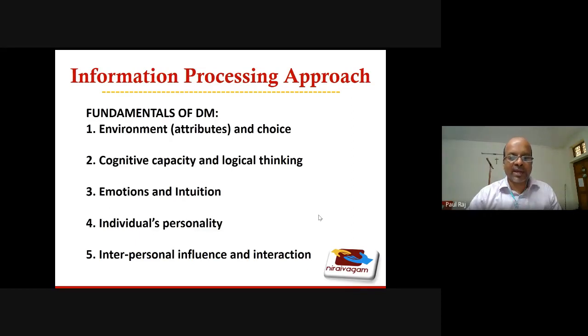First of all, environment, or the attributes and the choice. There are 2 choices available, Coorg and Pondi. If there is no choice, there is no decision making. We have to go to one place only. If more choices are available, the decision making is better, but slower. But choice is very important.